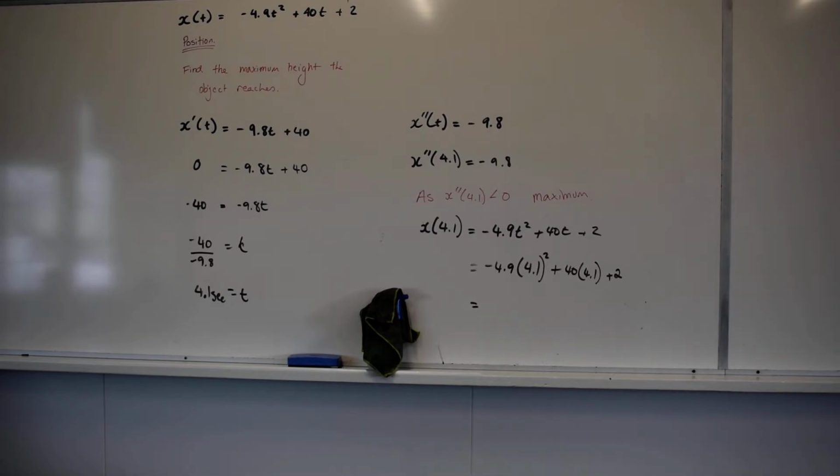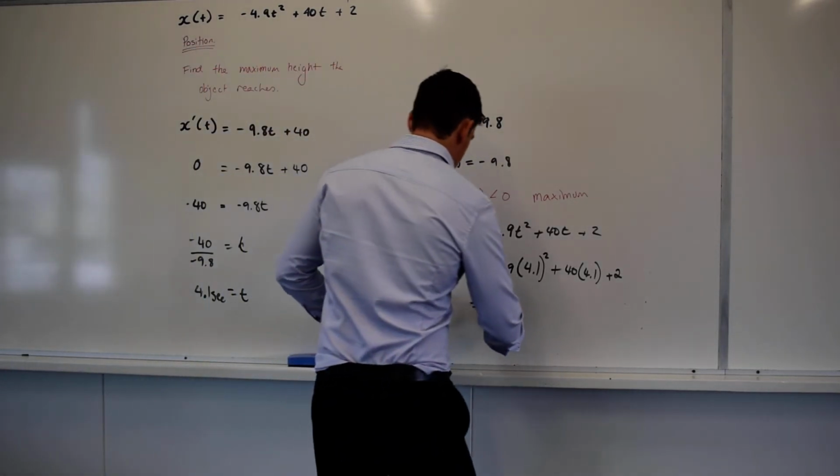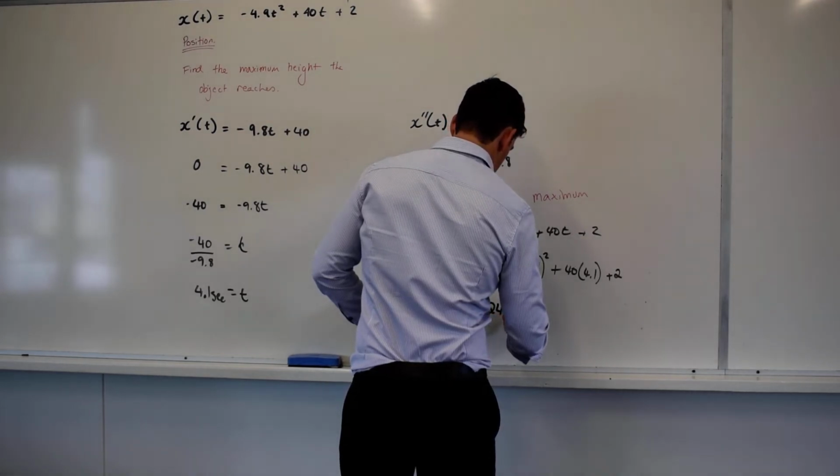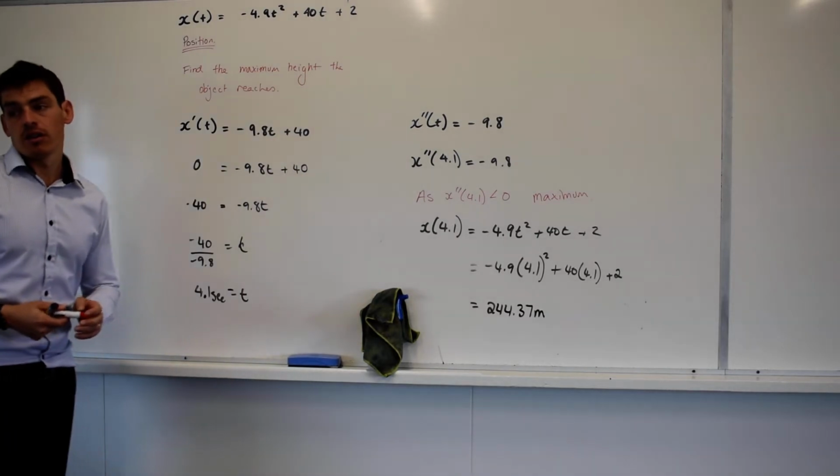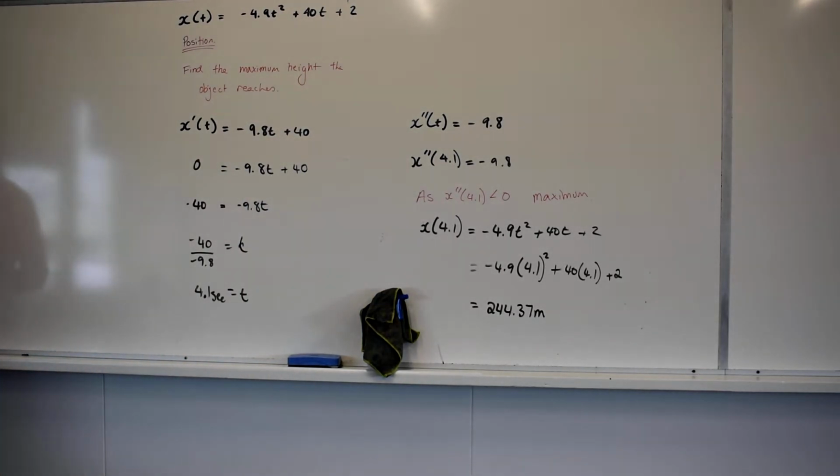What does that give me? What is it? 244.37. Okay, so that's the maximum height that object reaches, or something similar to that.